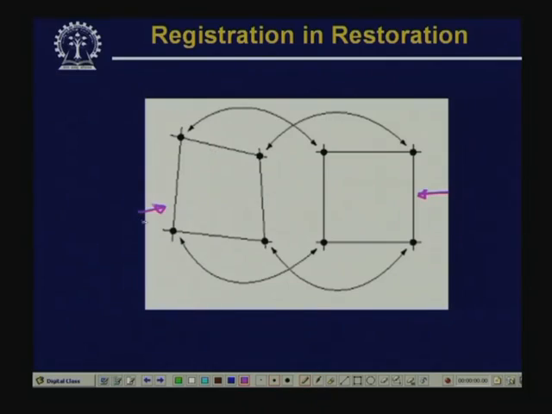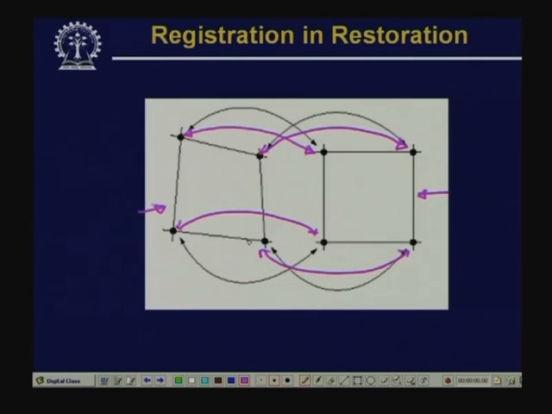So, once I can do that kind of registration, in this case this is a point which corresponds to this particular point. So, if somehow we can register these two, that is, we can establish the correspondence between this point and this point, between this point and this point, between this point and this point, and between this point and this point, then it is possible to estimate the degradation model.